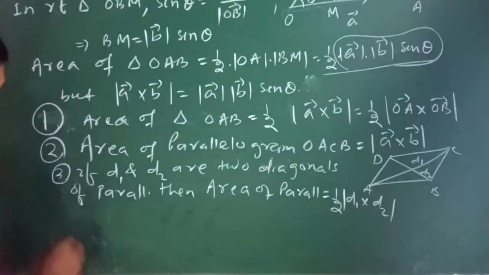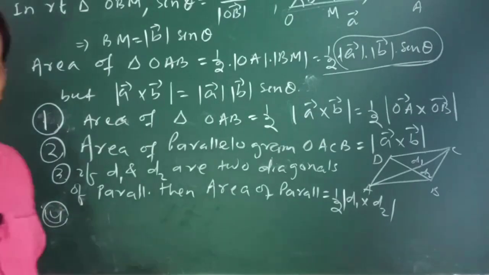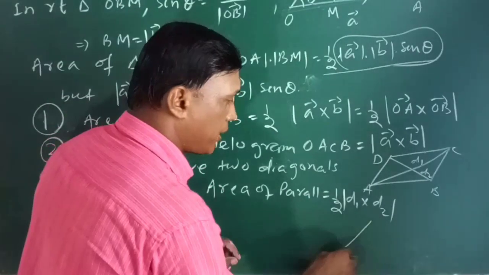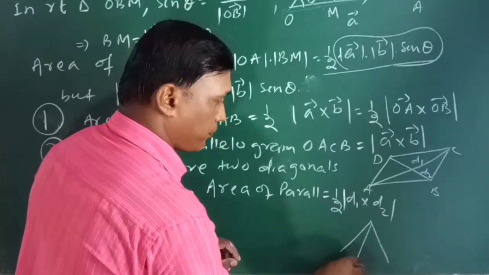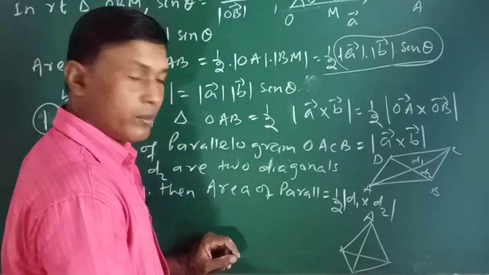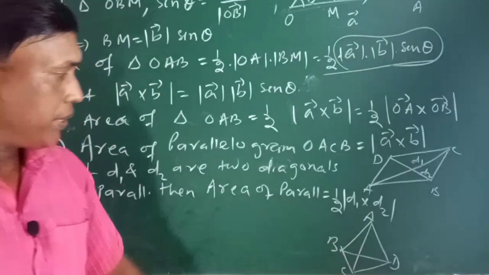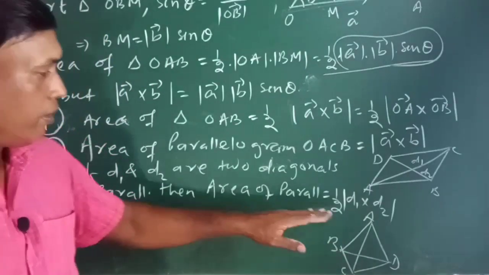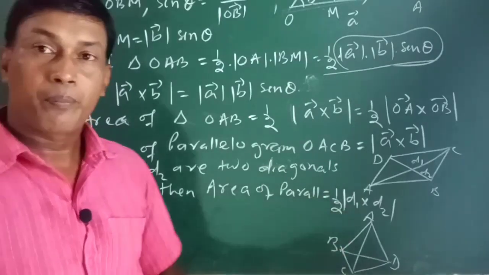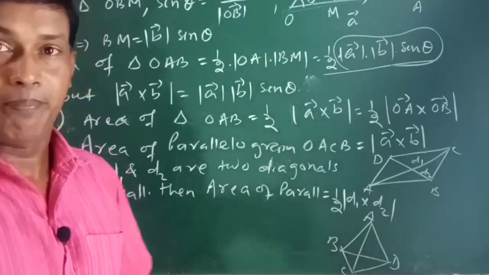Next is the fourth one. Suppose you have a plane quadrilateral ABCD, having four corner points, but all the points lie on the same plane.